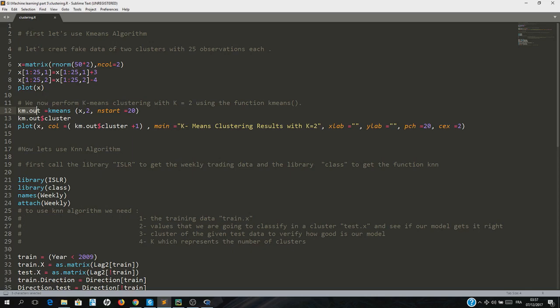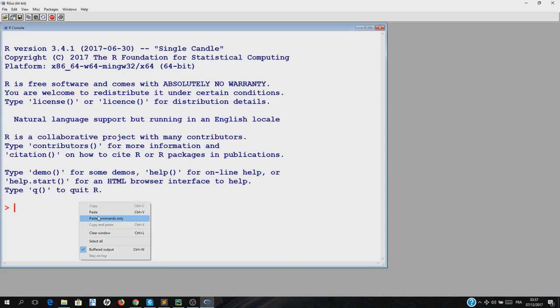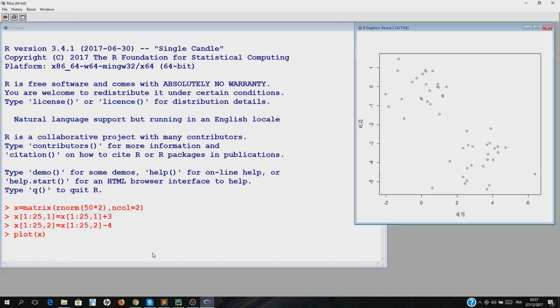First, we need to create some fake data, which I prepared here. I created 50 observations and separated them so they are totally separate. I'm going to show you, it's better than talking.